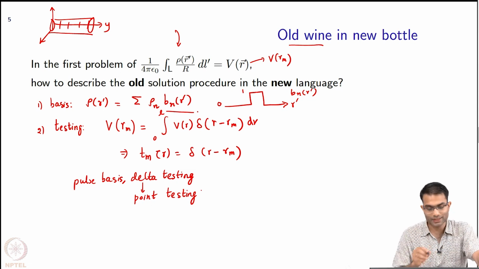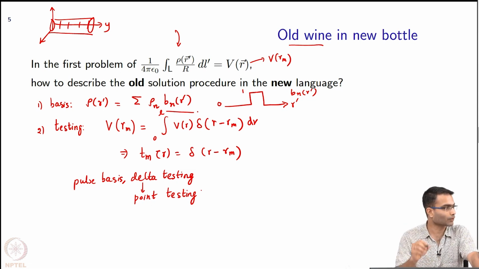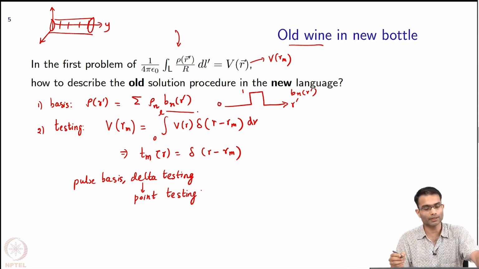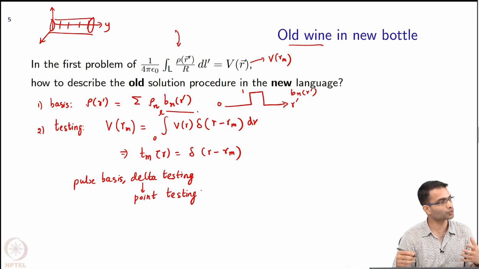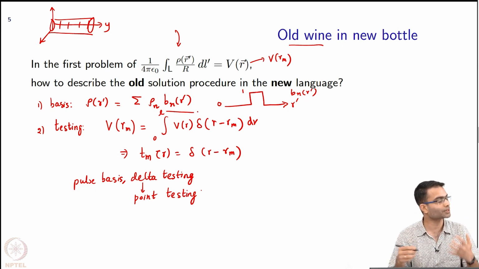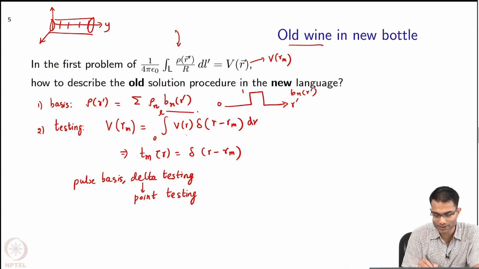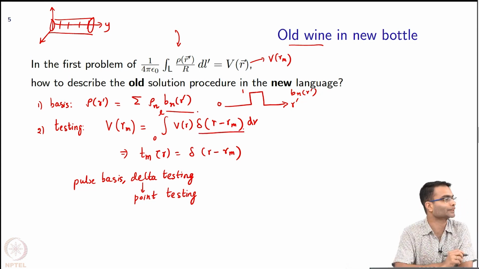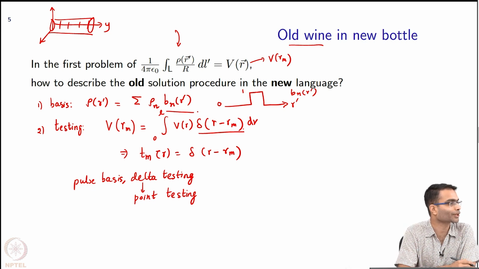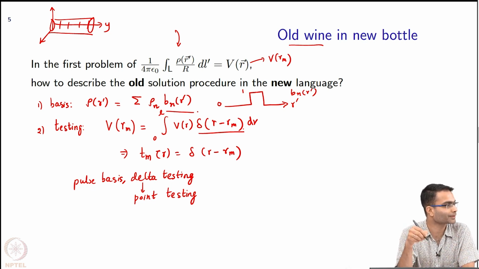So discretizing the integral equation like we did is equivalent, in the language of method of moments, to choosing a delta function as the testing function. The problem is that this is not actually a function, it is a generalized function, so I cannot talk of Fm exactly in this case.